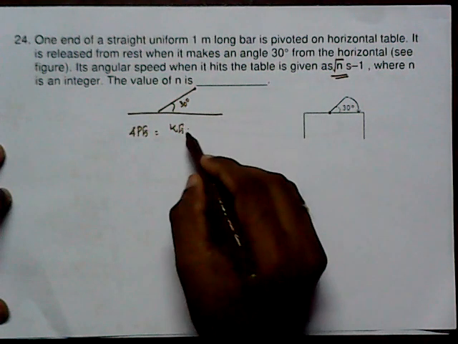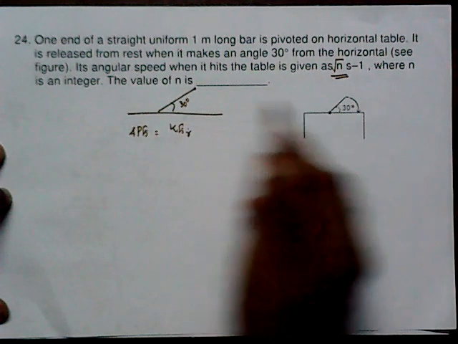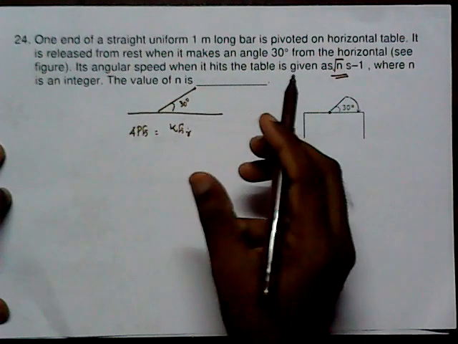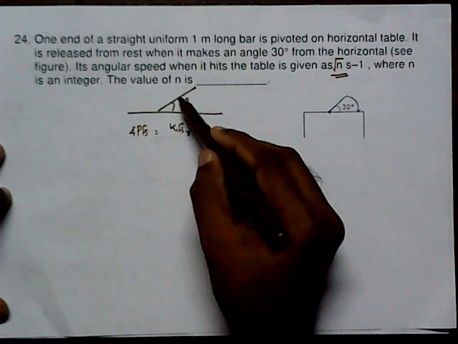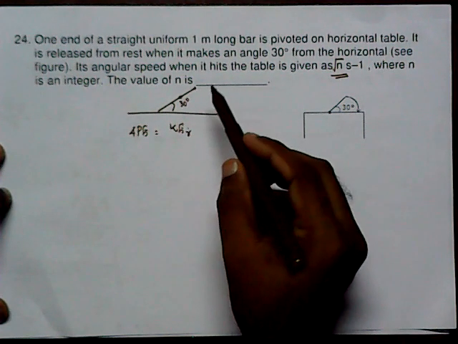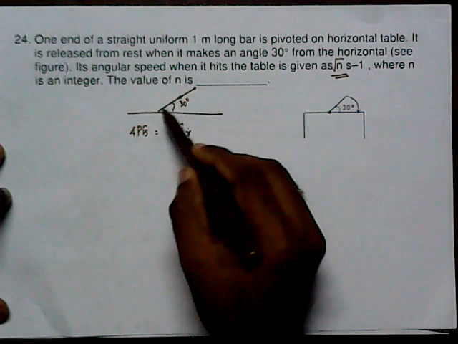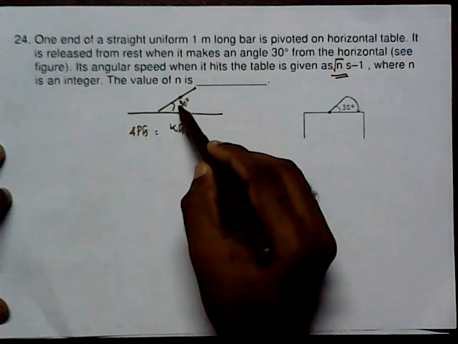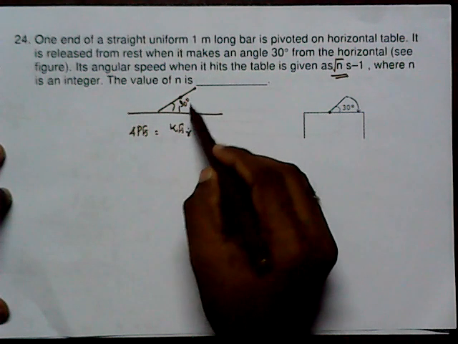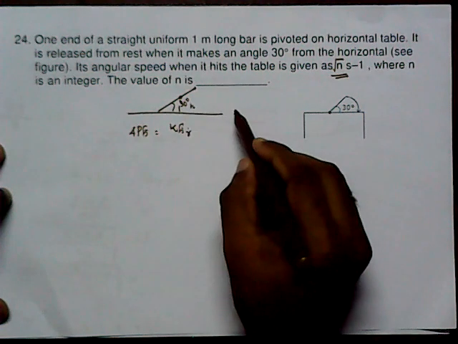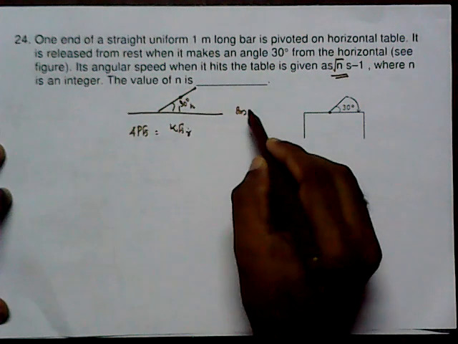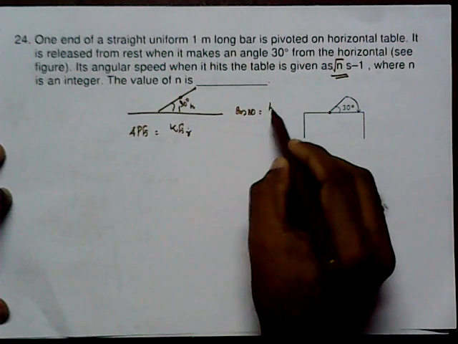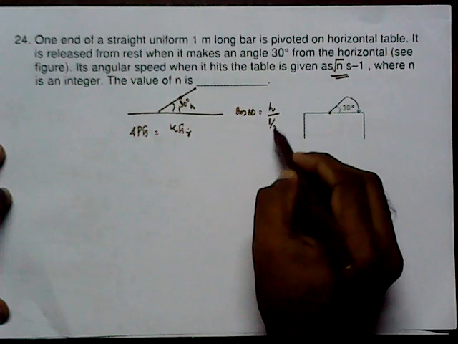And here the rotation. So how can we find the potential energy? You can just concentrate the center of mass there, and this is the height h, making an angle theta. So sine 30 is equal to h divided by the hypotenuse, L by 2.